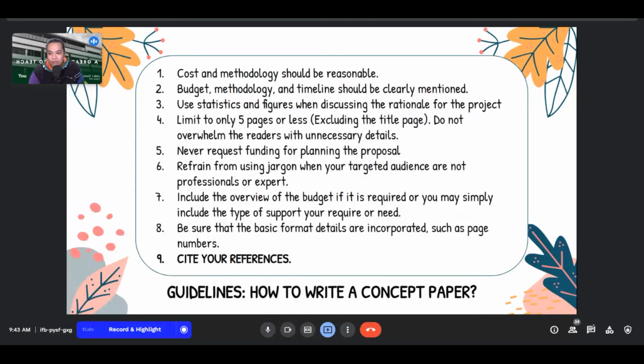Pwedeng mag-provide ang funding body ng internet connection sa inyo, tapos sila na lang magbabayad. Or you need certain access to books or publications. So etong si funding agency magbibigay sa inyo ng access to those books and resources.